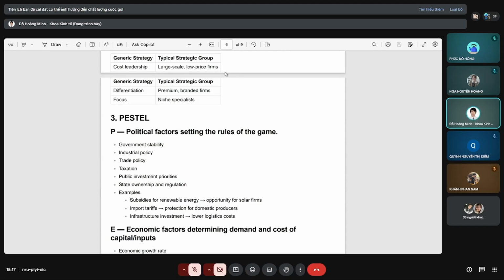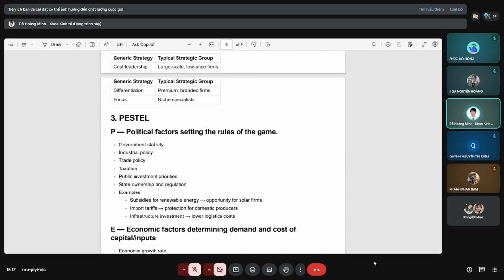We need both, because the 5 forces model helps us to evaluate the underlying causes of the strength of competitive forces. Then it will determine the intensity of competition, and it also determines the variation in the rate of return between the strategic groups in an industry.